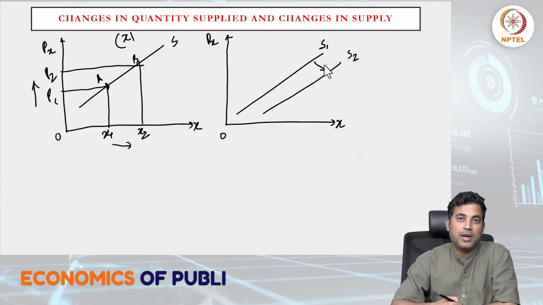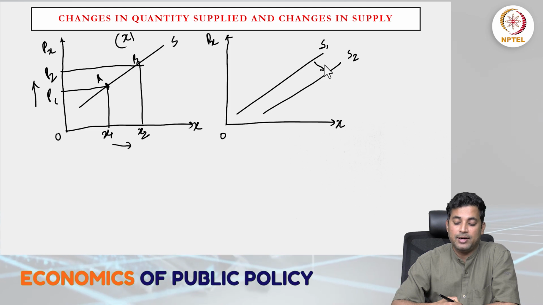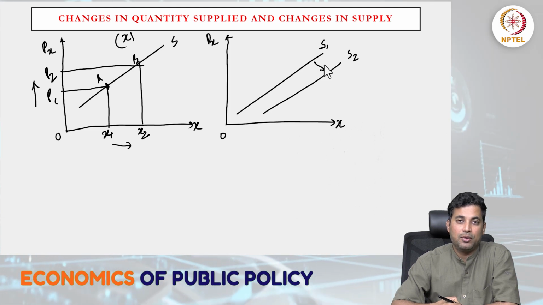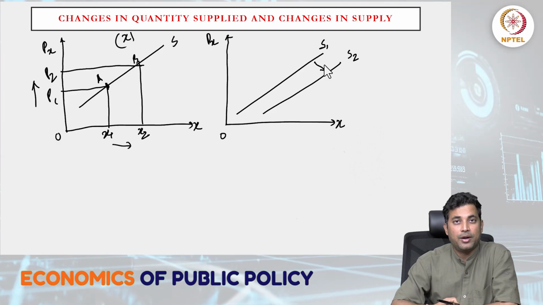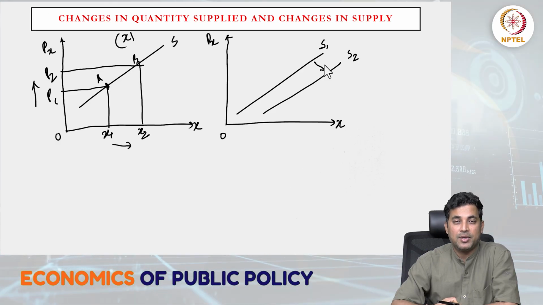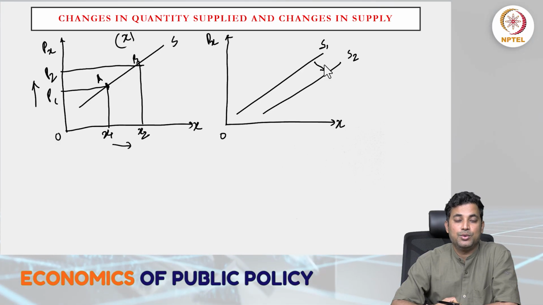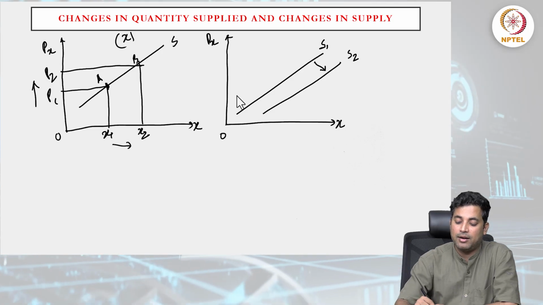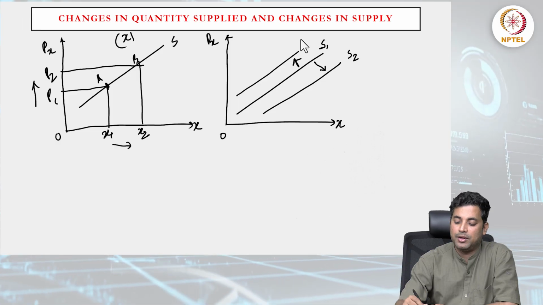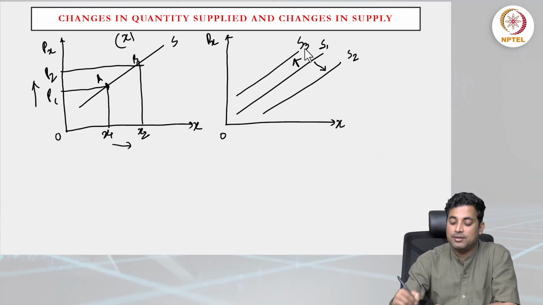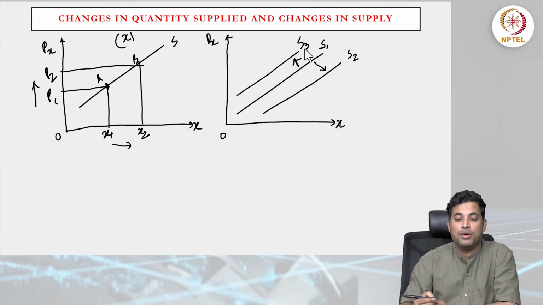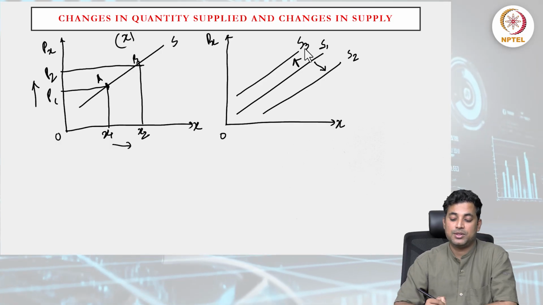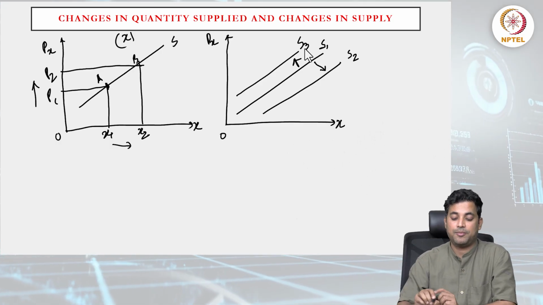Or say input prices have increased, and therefore supply for that particular commodity will be reduced, or any economic shock happens, and the producer decides to reduce the total quantity supplied, and then it will move leftward like S3. So this is how the supply curve moves rightward and leftward.